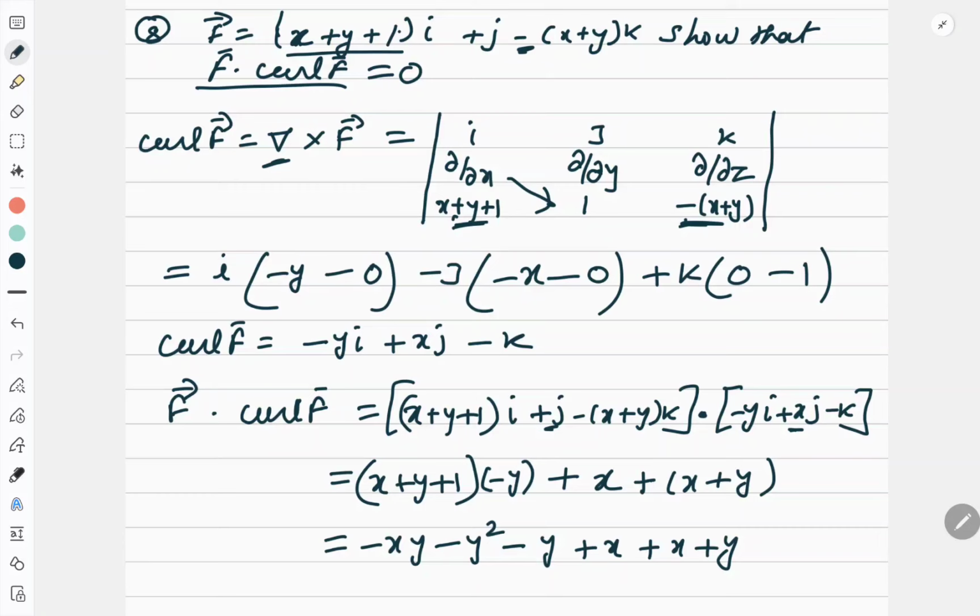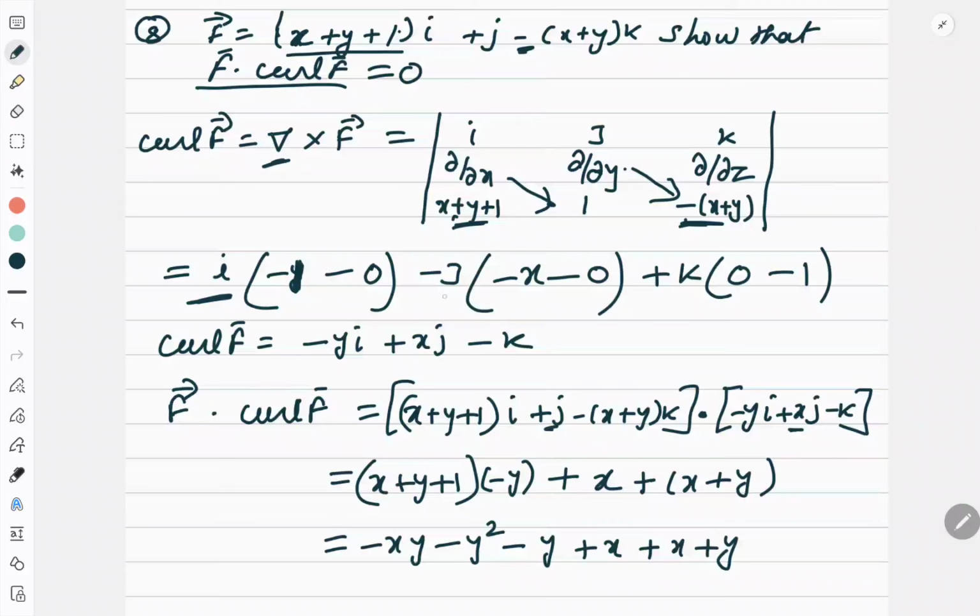Unfortunately I am not getting 0, which I should get. So where is the mistake? See how smartly I have differentiated. Here I did i. Now when I am doing i, del by del y of this term is what? Minus 1, and I have written y. So minus 1, and del by del z of 0 is correct.